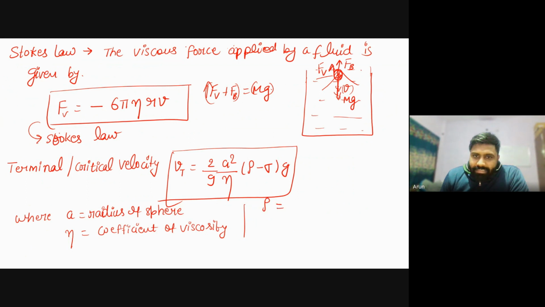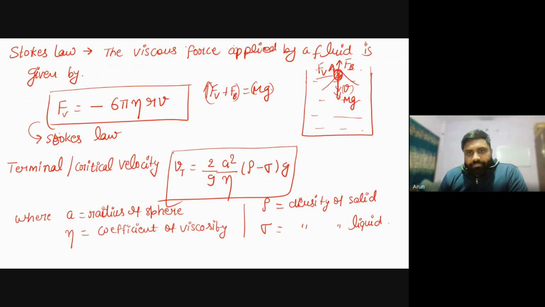Rho here is the density of solid, and sigma here is the density of liquid. Right. So if you know all these values, put it inside the formula and get the answer.